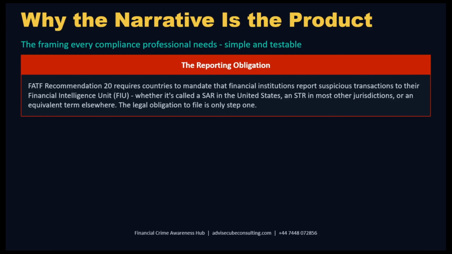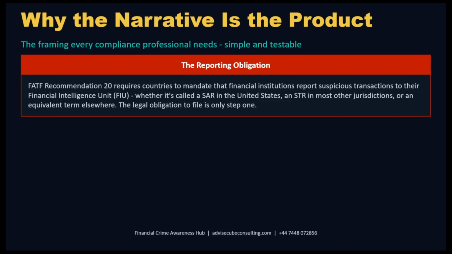Alright, so before we get into how to write, you need to understand why the narrative matters more than anything else in the report. As per FATF Recommendation 20, countries must require financial institutions to report suspicious transactions to FIUs, whether you call it SAR or STR.